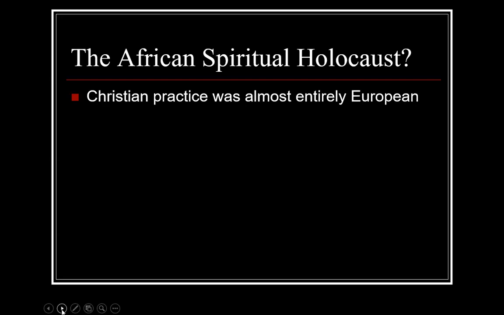And in cases where there were black congregations or black churches, you do see more of a melding, a hybridity. Certainly there seems to be, in the actual practices of slaves apart from churches, more of a hybridity or a syncretism. But there are a lot of ways in which Christianity during this time, as practiced by free blacks and slaves, is predominantly European.